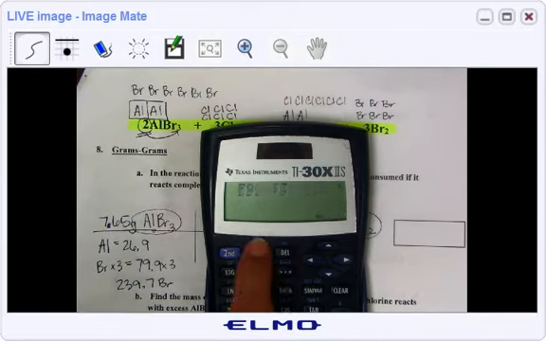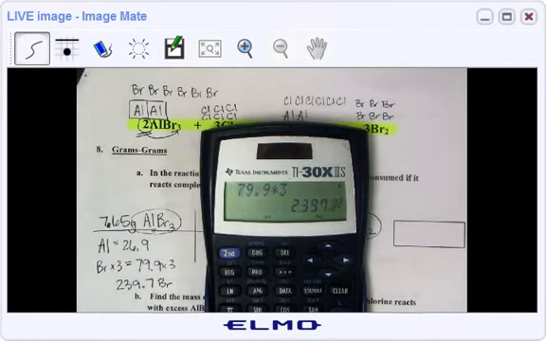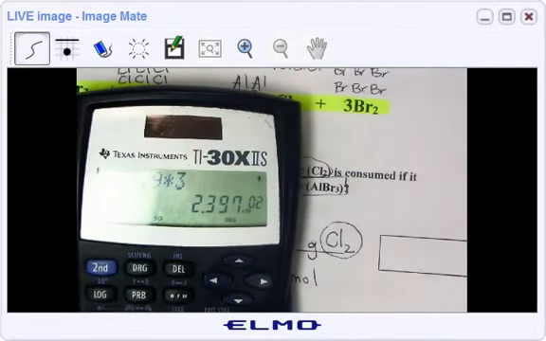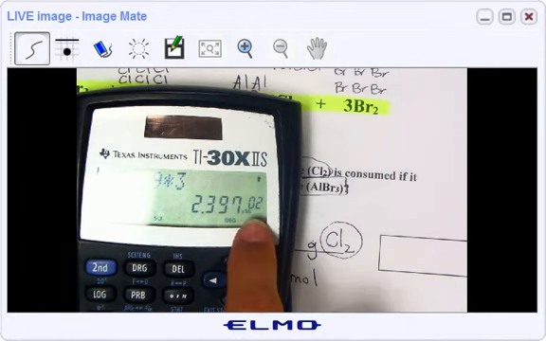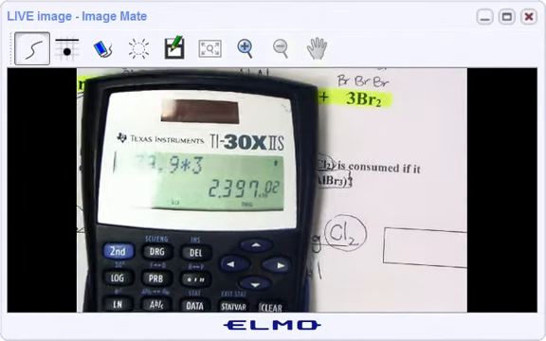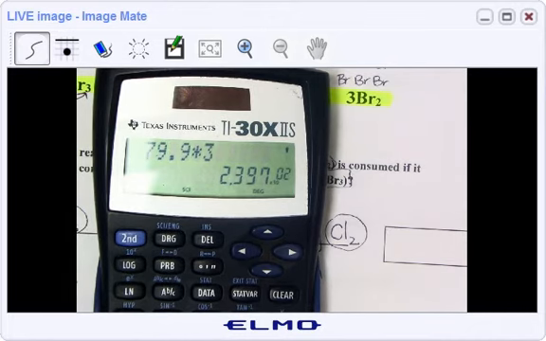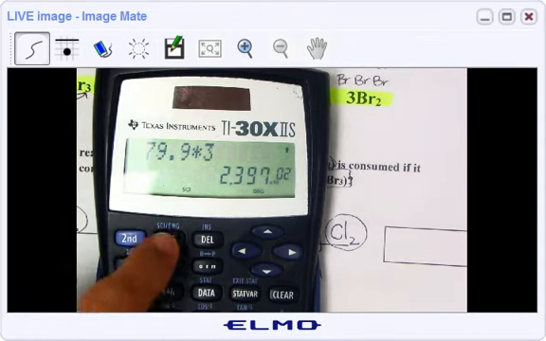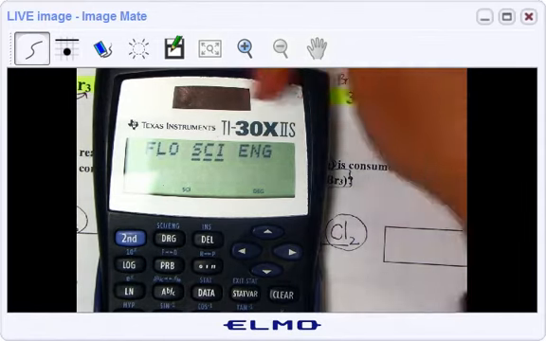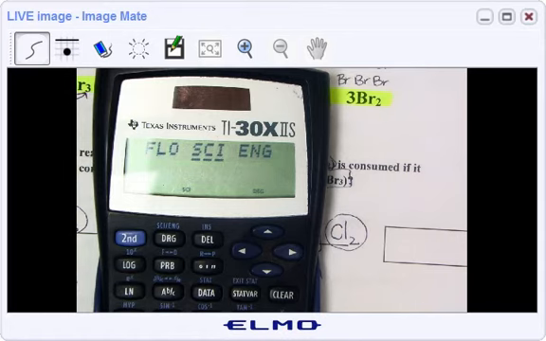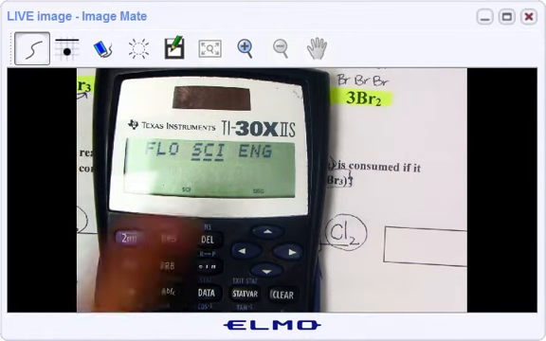If your answer looks a little bit different, and if it looks like this, 2.397 times 10 to the positive 2, go ahead and change modes. Hit the second button right here, and then you hit DRG. These are the different modes your calculator can be in, and be familiar and comfortable with changing modes.